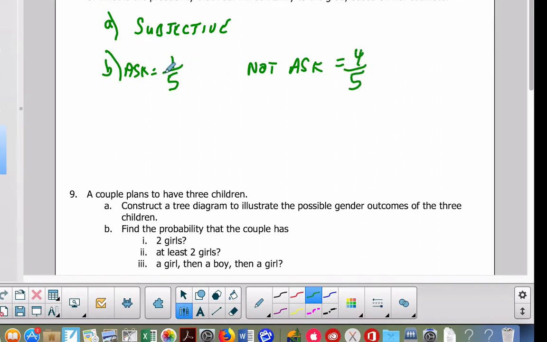So the probability is going to be 20% that he'll ask her and 80% that he won't, based on what you should know about odds.